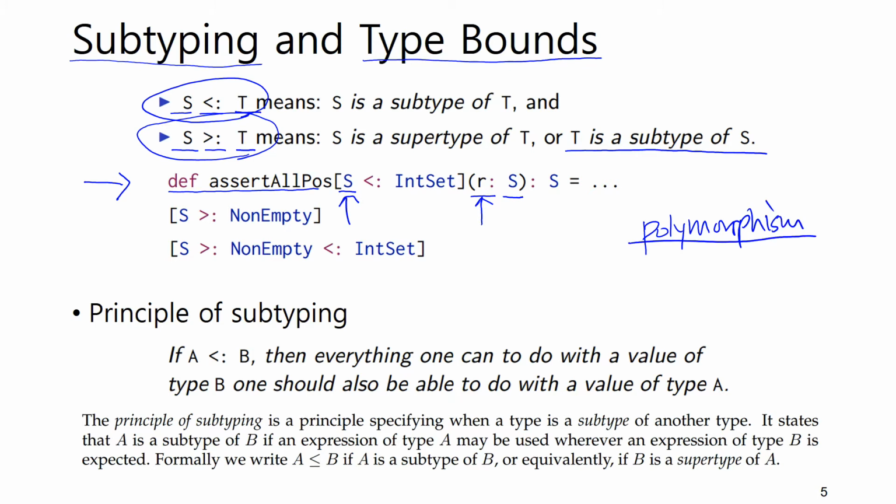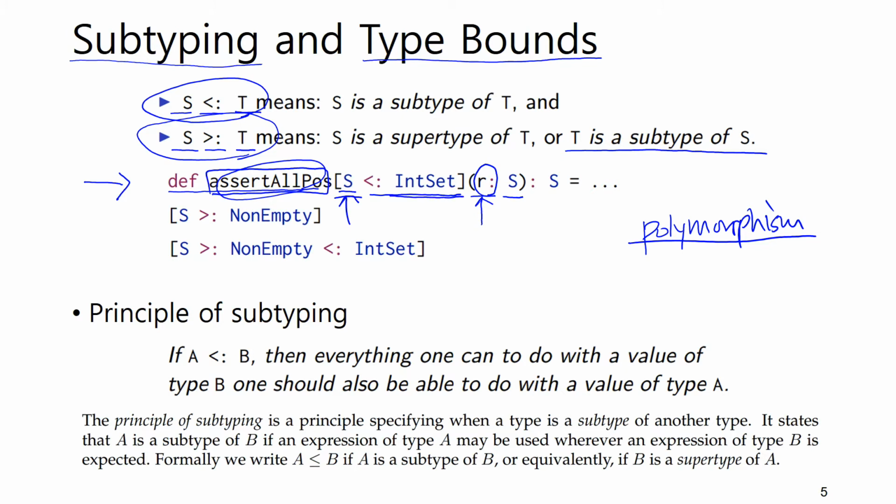Because you can apply the method to arguments of various types. But at the same time, we'd like to add a new constraint, which is that the type S, or the type of the actual argument, must be a subtype of IntSet. So you can apply the method to many different types, but all these types, the types of the argument, must be a subtype of IntSet.